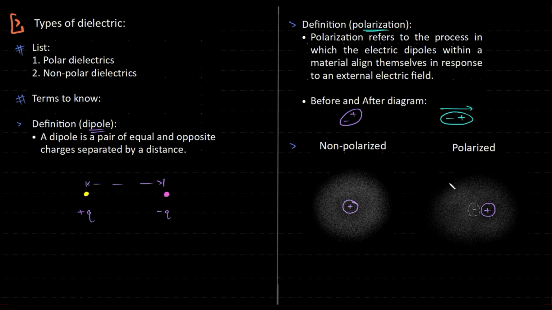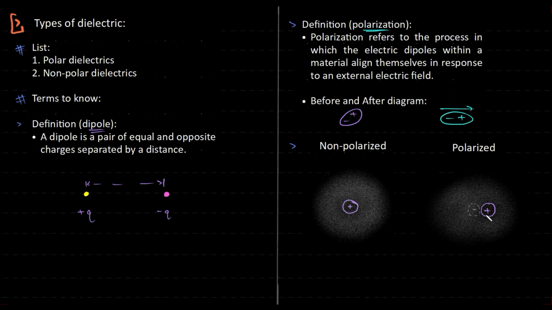Non-polarized and polarized atoms. This is an example of non-polarized. Here the example on the right is polarized. So what is the difference? The time the electron spends is such that the net effect is zero difference between the effective negative and positive charges.